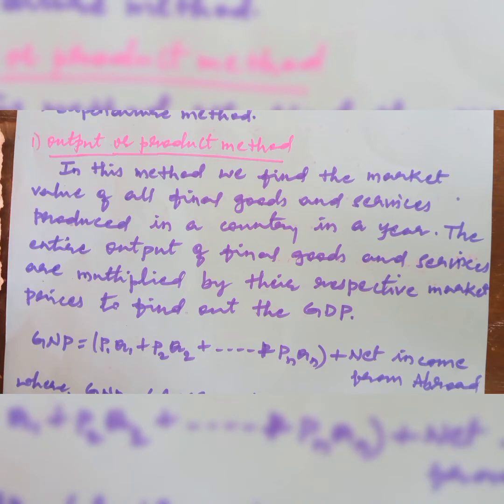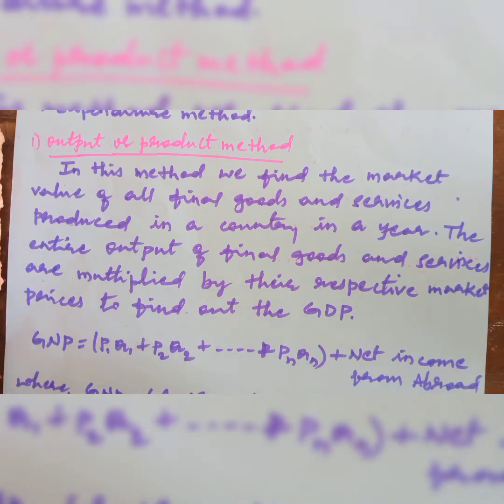Which goods and services are completely finished in production in a country during a year, that all goods and services are multiplied with the prices to find out the GDP, gross domestic product.